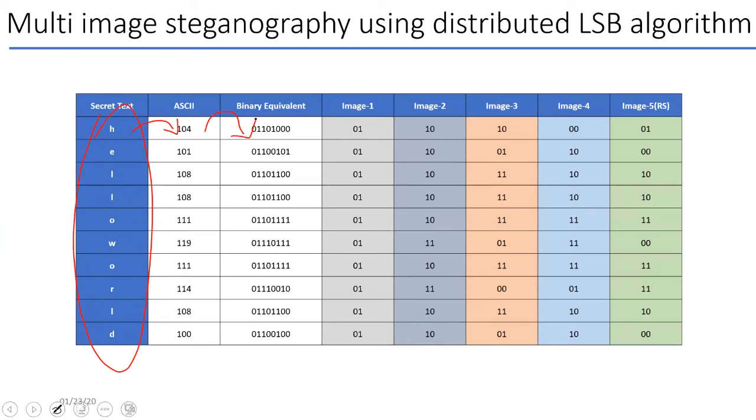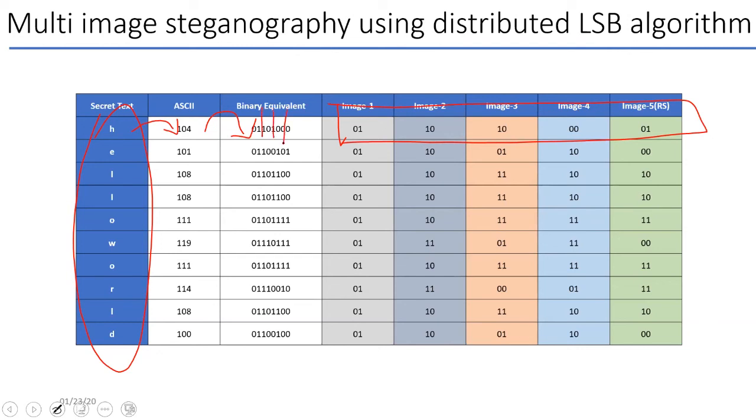I am dividing this and embedding this in five different images. The first four images will have 0110, meaning the two bits from here.